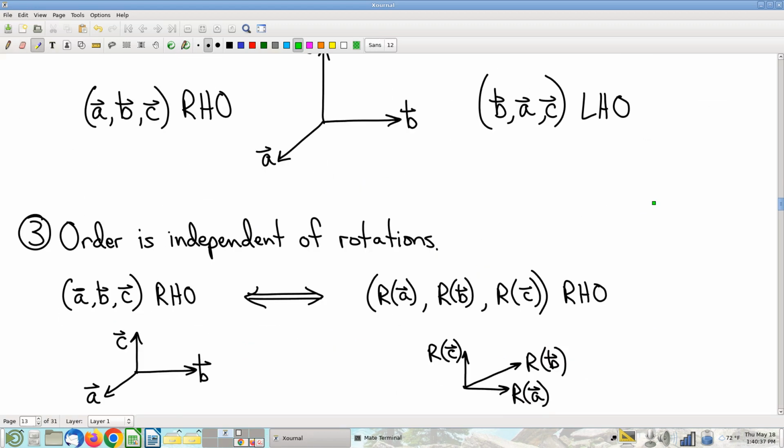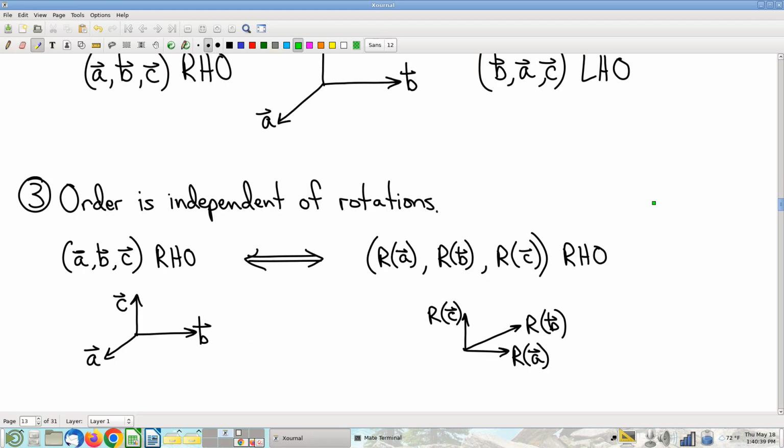Okay, and then the last observation I'm going to make is that if you take, for example, any list, so here we have a list A, B, C. That list is in right-hand order. If you take that whole picture and rotate, now keep in mind we're in 3 dimensions, so it's not just rotating in one direction. You could rotate around any axis.